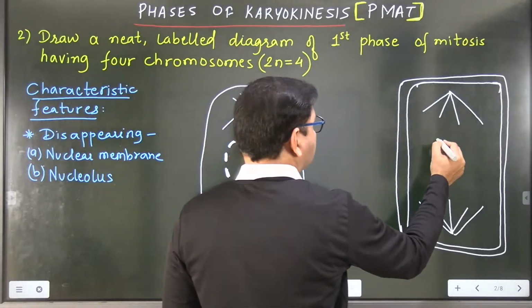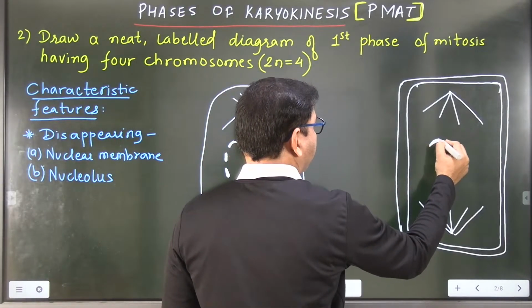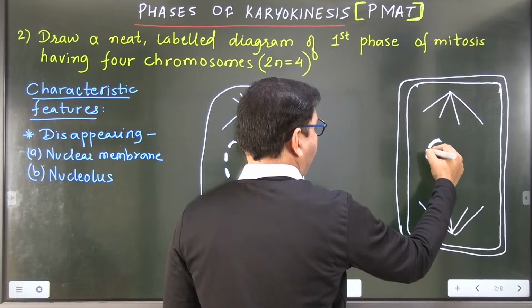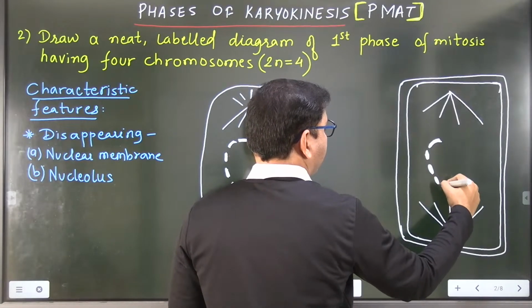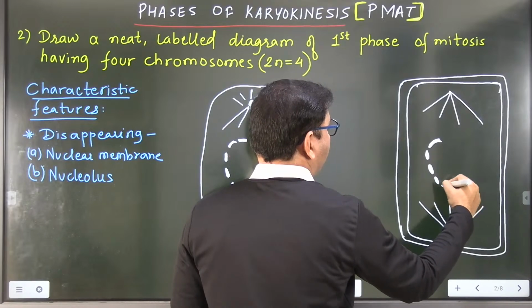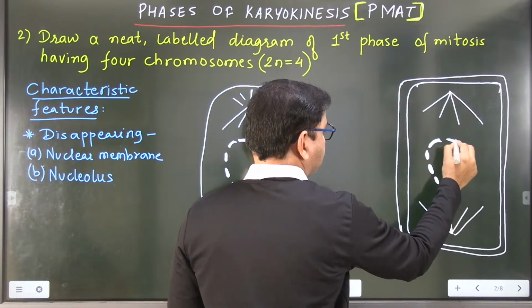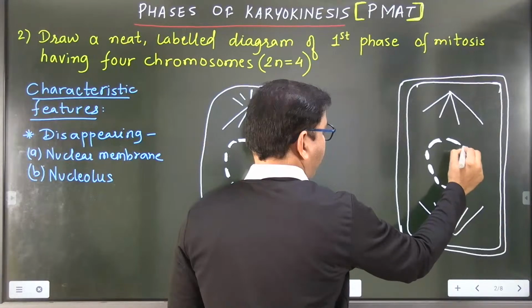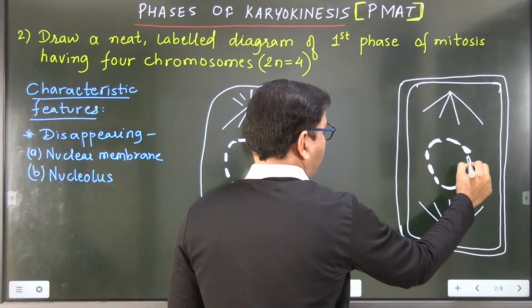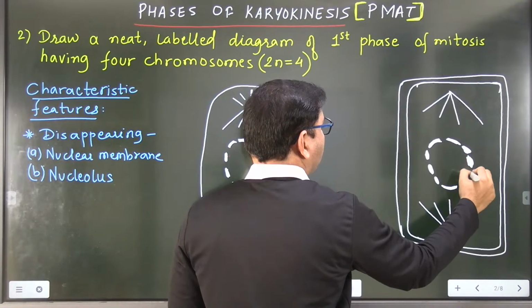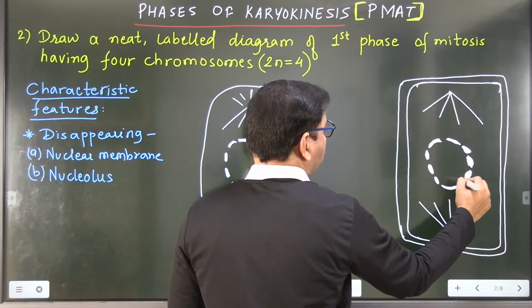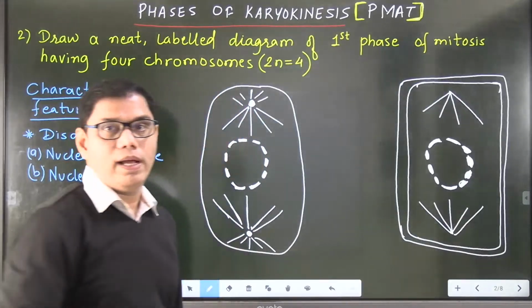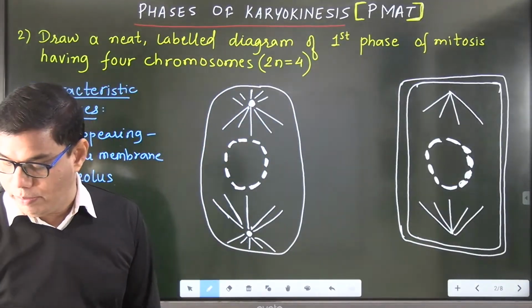In the same manner here also, the nuclear membrane is disappearing. As far as possible, avoid using erasers. Even if you draw a single diagram on a single page, it is absolutely fine. The bigger the diagram you draw, the easier it will be.